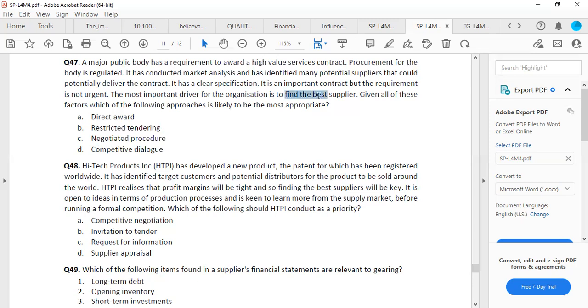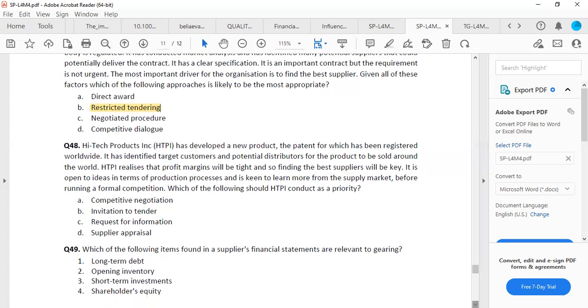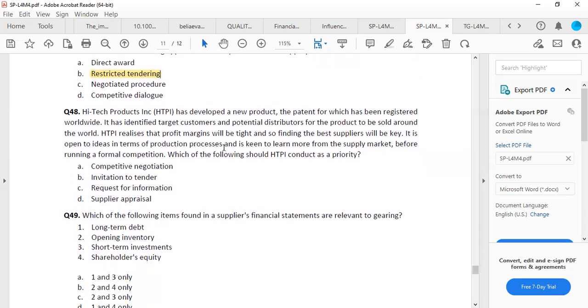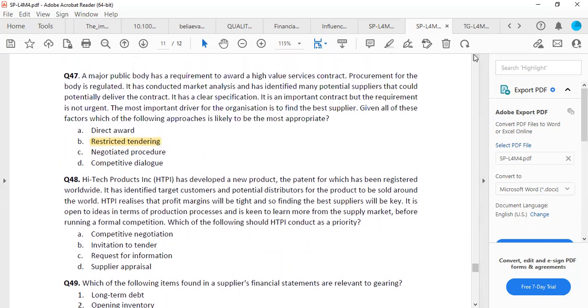You need the supplier to bring some clarity to the specification. But here it has a clear specification, and we need to find the best supplier. It's an important contract, so we have to pre-qualify the suppliers, and that is restricted tendering.